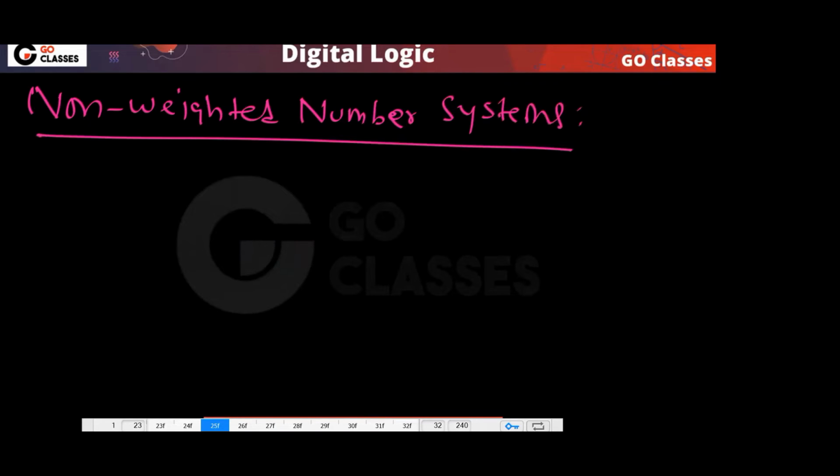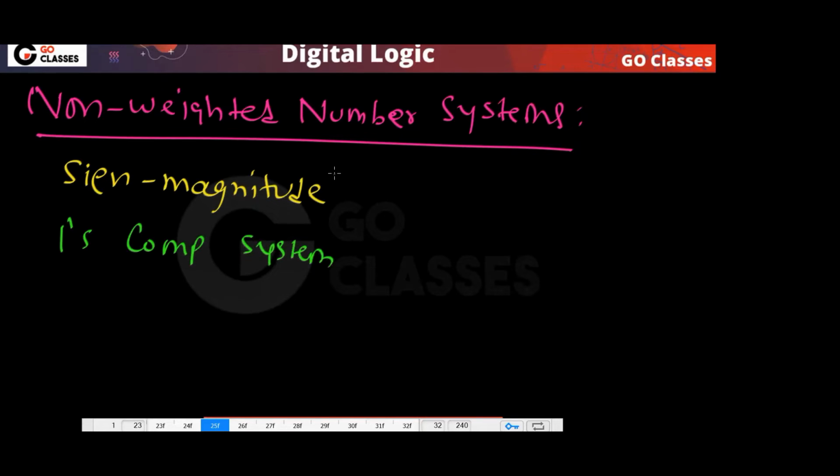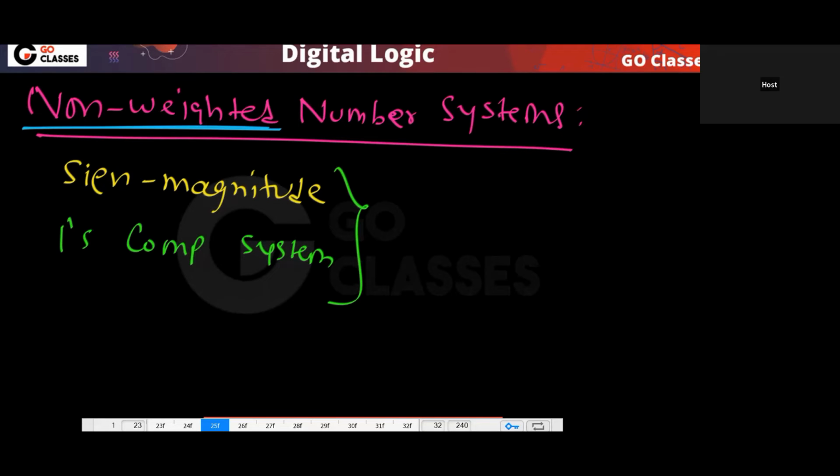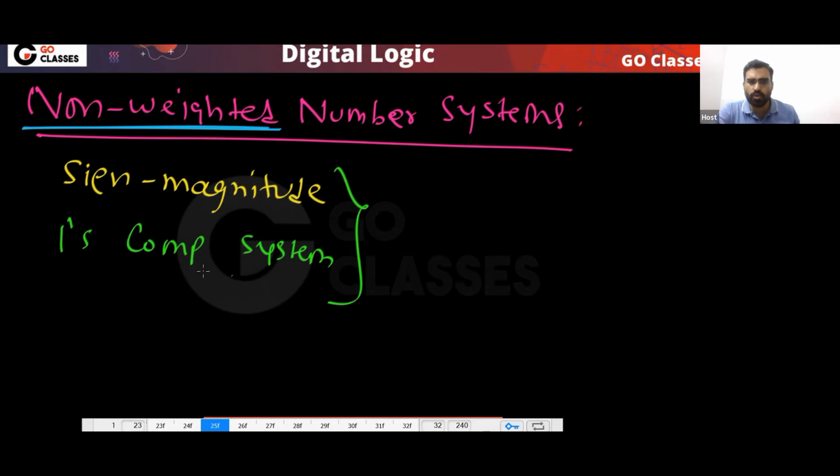So let me tell you that sign magnitude is non-weighted, and the 1's complement system is also non-weighted. Non-weighted means positions do not have weight. Remember, weighted means every position has weight, that is the weighted code, and non-weighted code means positions do not have weight.